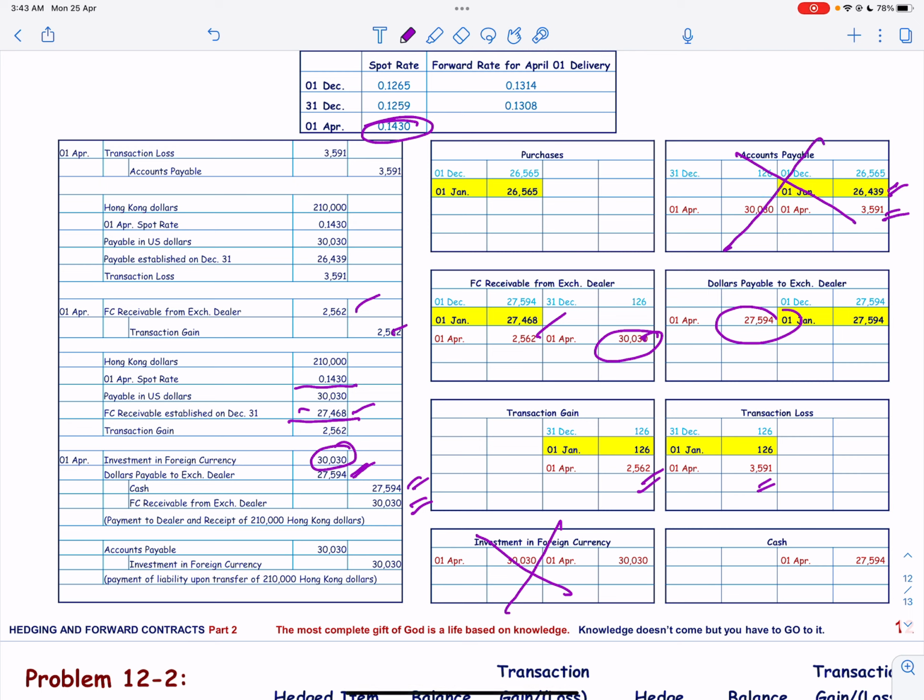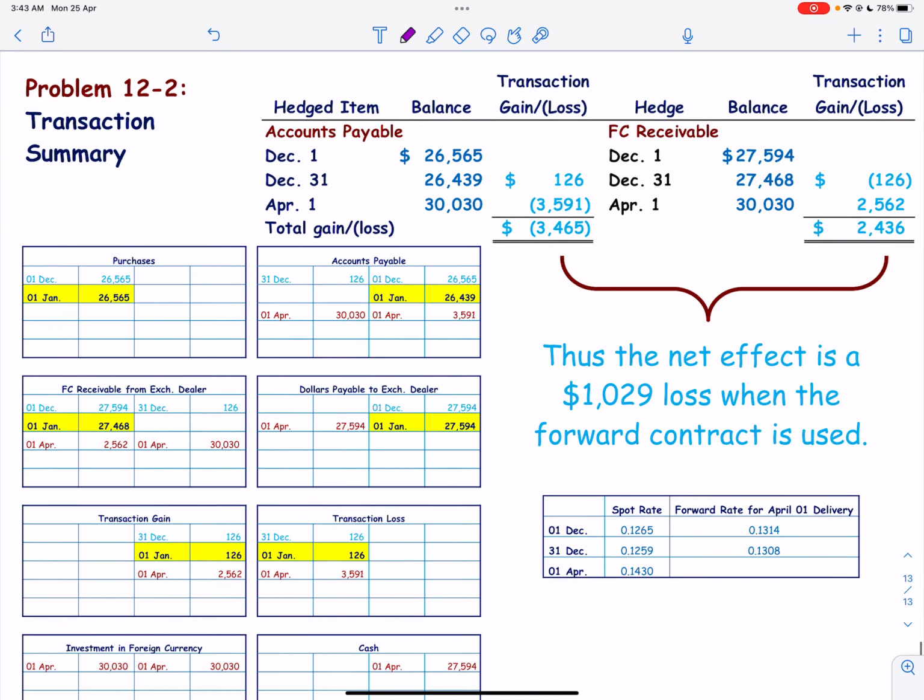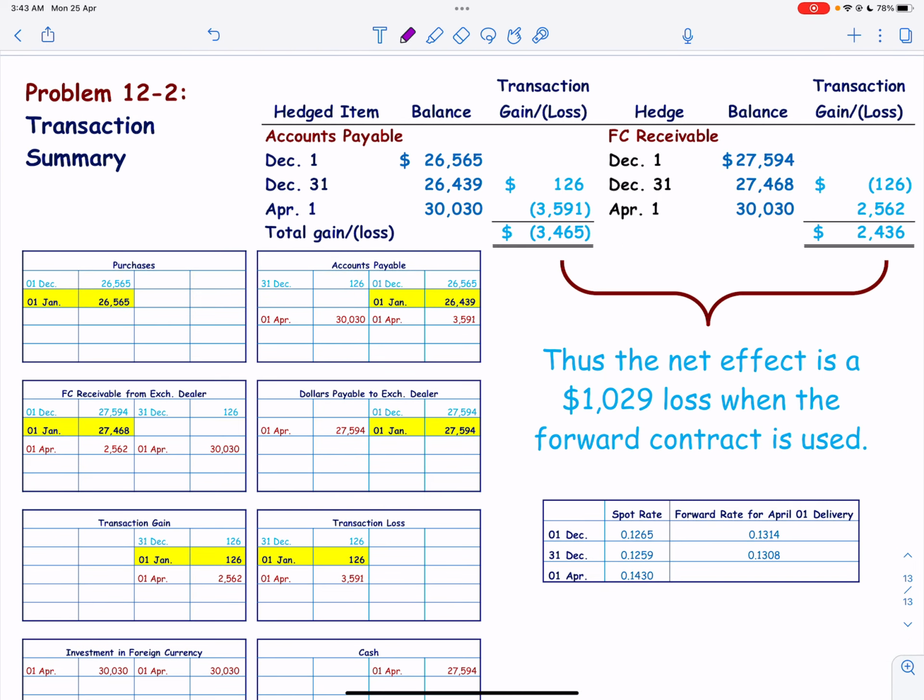So this is how Crystal settled its foreign currency transaction, and let us look into the transaction summary on foreign exchange transaction. If Crystal Company had not entered into a forward contract, their accounts payable on December 1 would have been 26,565.